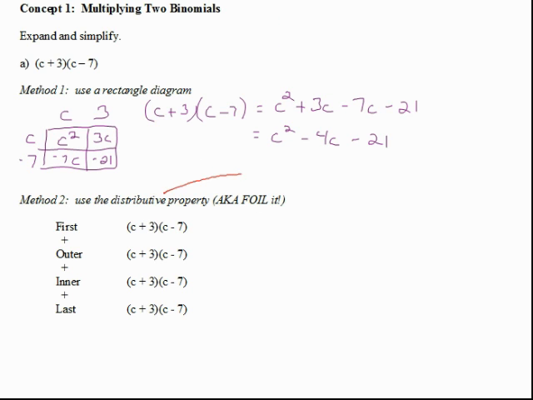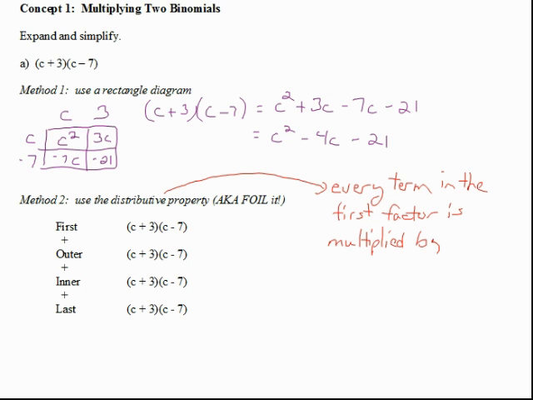The distributive property means that every term in the first factor is multiplied by every term in the second factor.